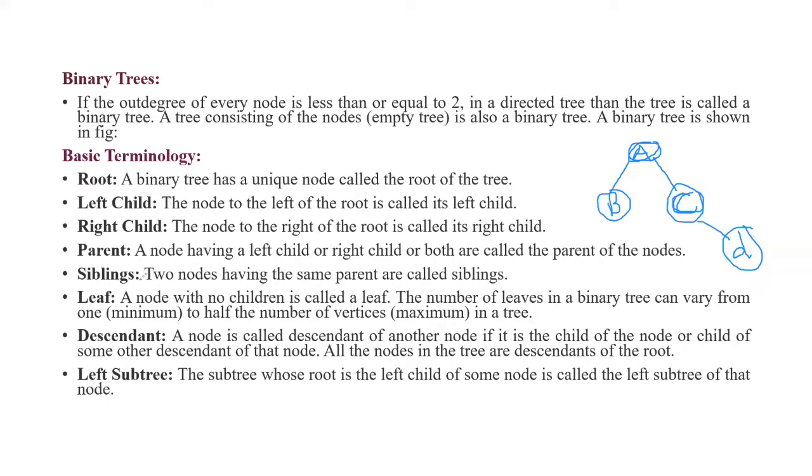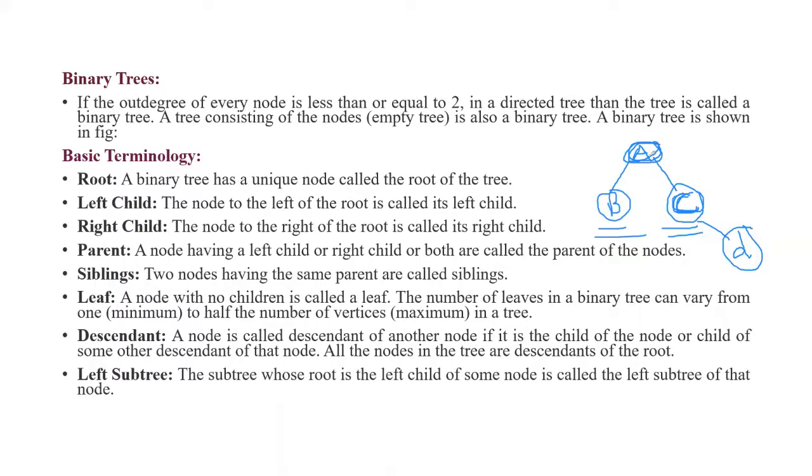Next, siblings. Two nodes having the same parent are called siblings. So this node B and C are the siblings of each other because B and C have the same parent, that is A. Next, leaf: a node with no children is called a leaf.